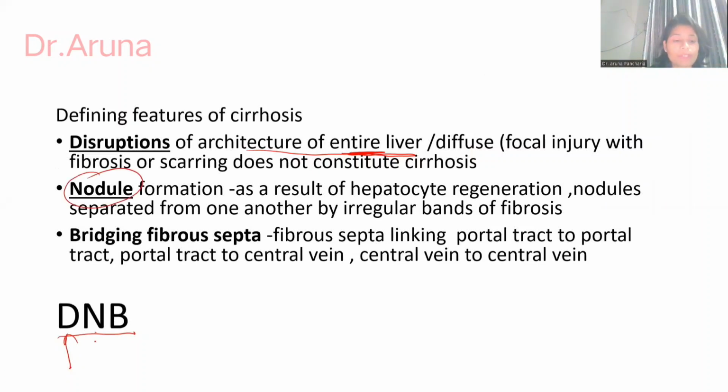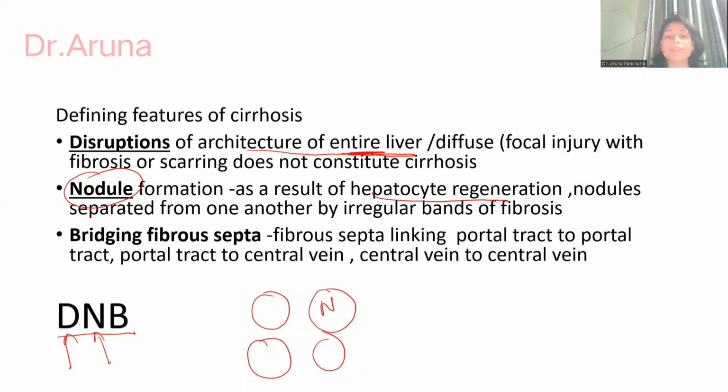There is a formation of the nodules in the liver, and these nodules represent the regenerating hepatocytes, as the hepatocyte has intense capacity for regeneration. And B for bridging fibrosis, these nodules are separated from each other by the bridging fibrosis.